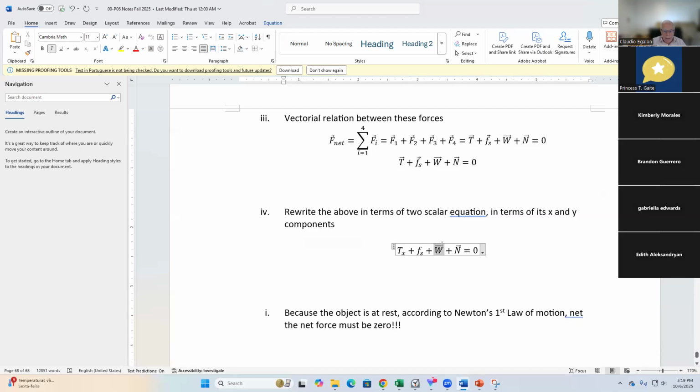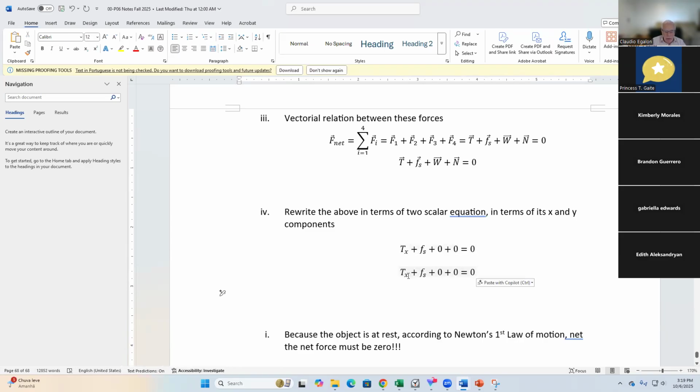The weight has only a y component, and the normal has only a y component. Since the weight has only a y component, the x component of the weight is 0. Since the normal has just a y component, the x component of the normal is 0 as well.